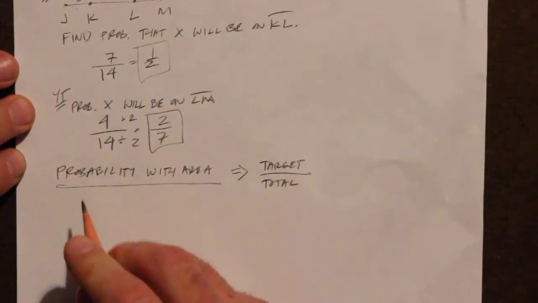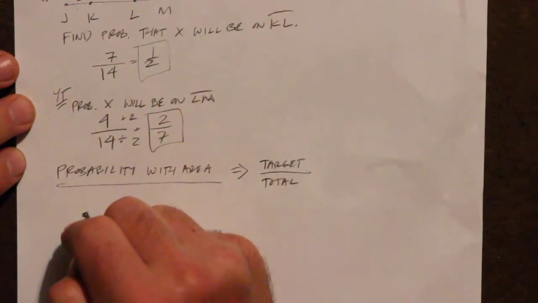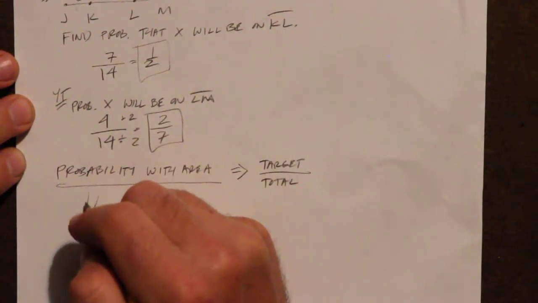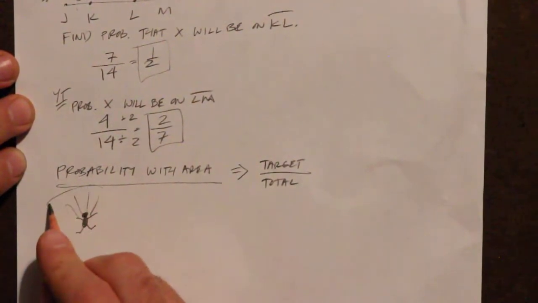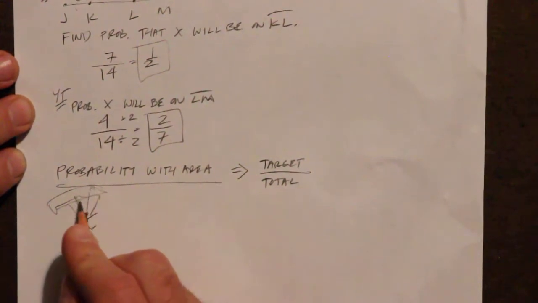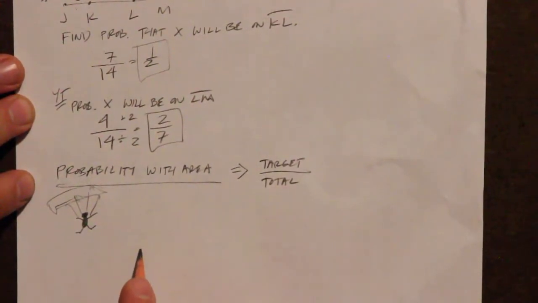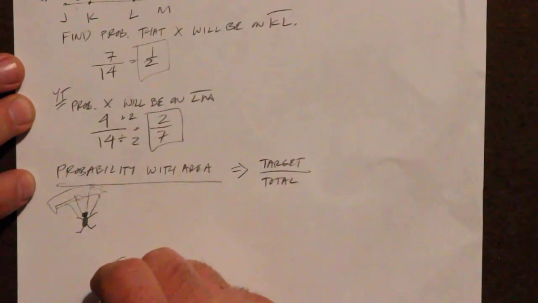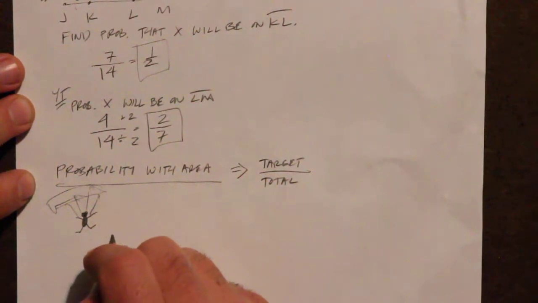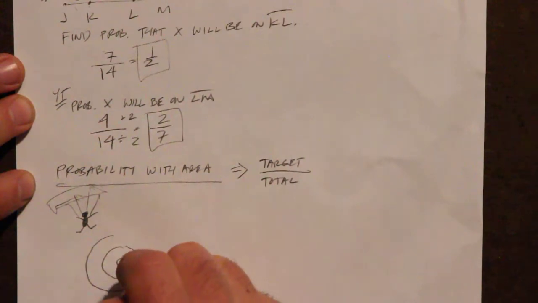So this first example, we're going to have this guy over here, and he is parachuting. And he's parachuting down onto this target on the ground.